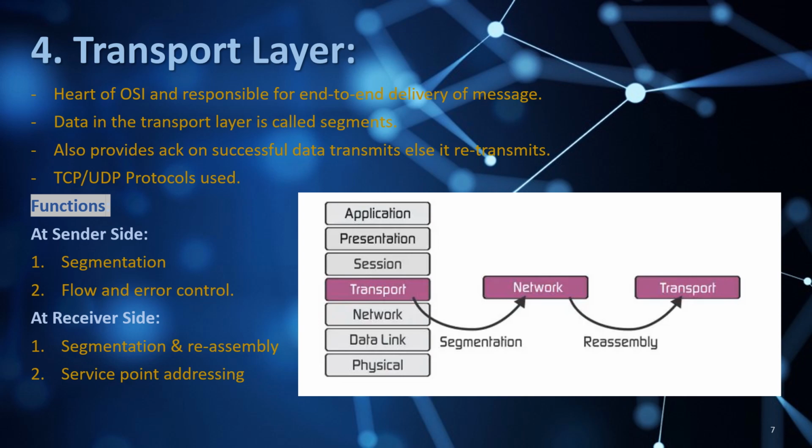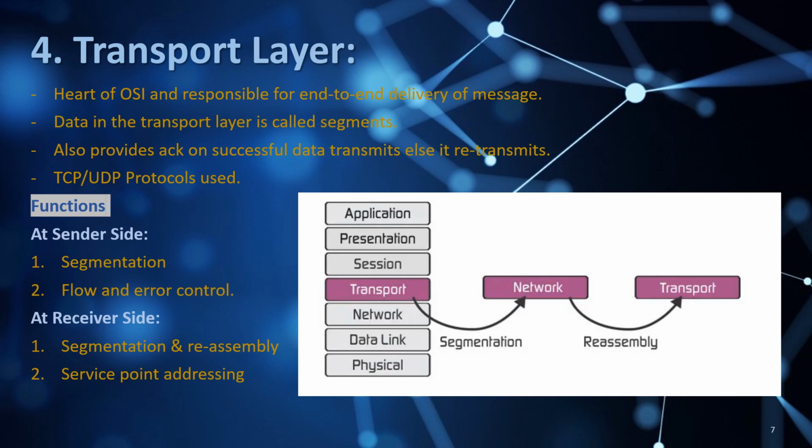Both do end-to-end delivery, but the network layer delivers the data from one device to another, while the transport layer delivers the data not only to the device but also to the process or application that runs on it. And the data in the transport layer we call segments.